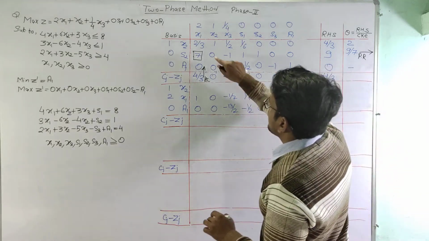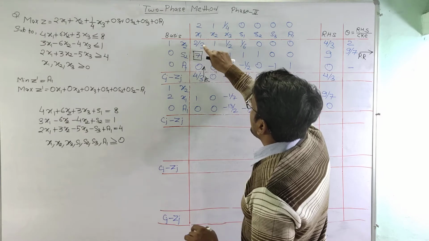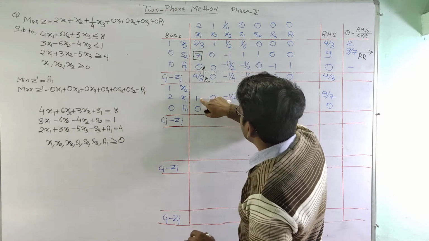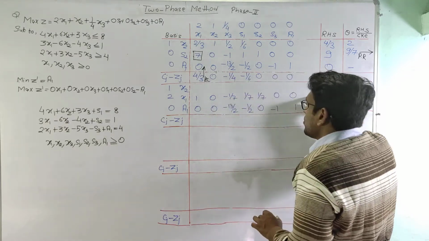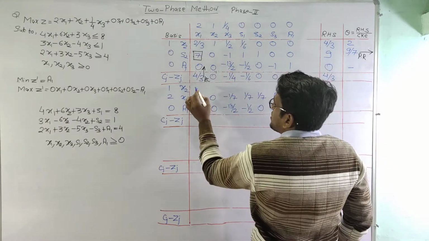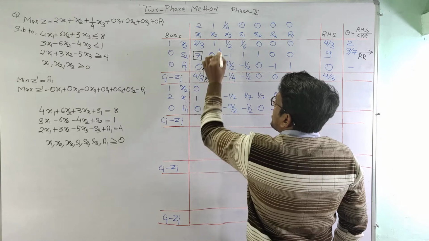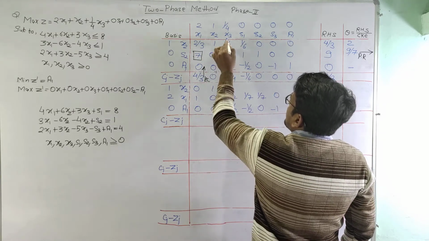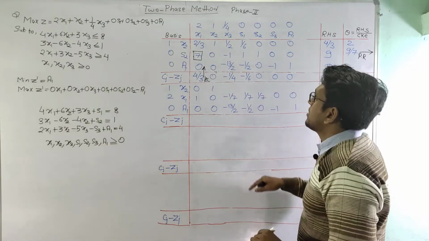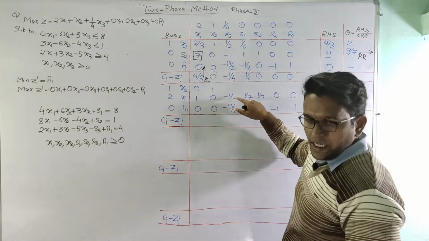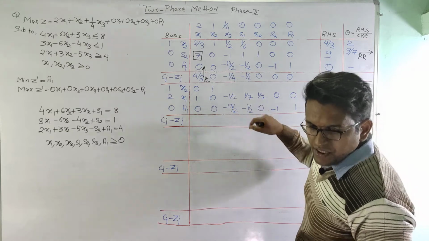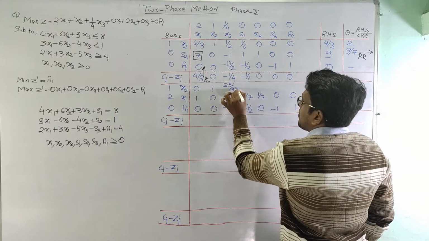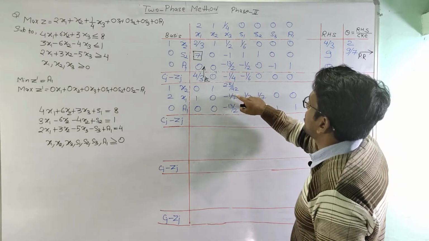Now in order to make this element 0, I will do row 1 minus 2/3 times the new row 2. So 2 minus 2/3 times this is 0. 1 minus 2/3 times 0 is 1. 1/2 minus 2/3 times this is 25/42.